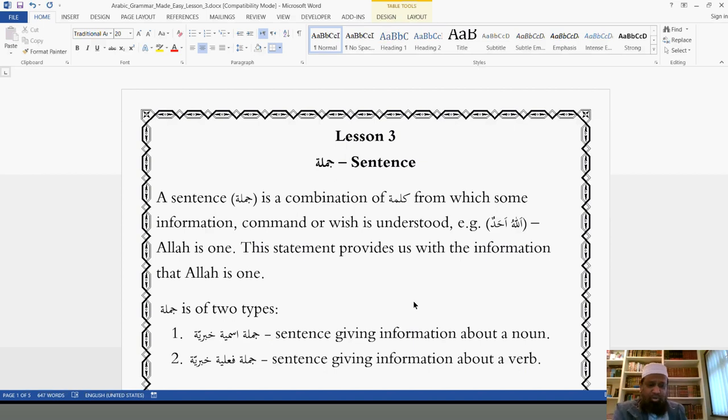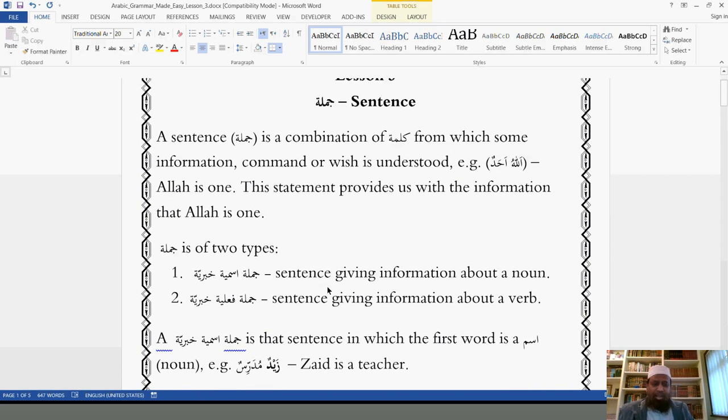Number two, جملة فعلية خبرية, a sentence giving information about a verb. So this is the difference between these two sentences. جملة اسمية gives information about a noun, and جملة فعلية gives information about a verb.